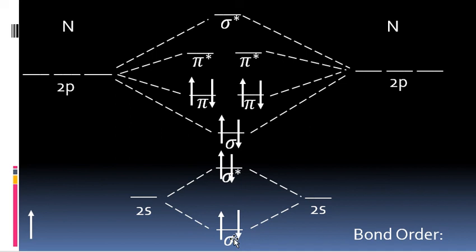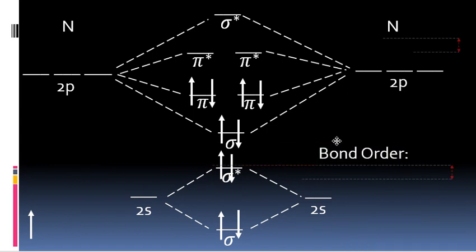We use those electrons to completely fill the lowest sigma and sigma star orbitals, and then to fill the sigma bonding orbital and then each pi bonding orbital that were formed through the combination of 2p atomic orbitals.